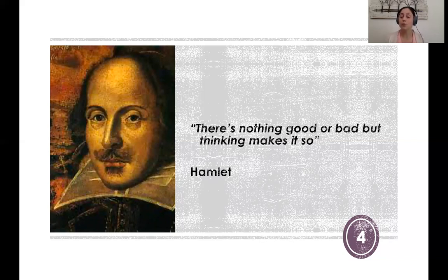Alternatively, if you interpret this failing of a test as a challenge to work harder, this may make you feel motivated and driven, and you may change your behavior so that you study more, for example, and then you start to do better. Now, of course, the perception of the event is influenced by many factors, and we'll get to some of that a little bit later.